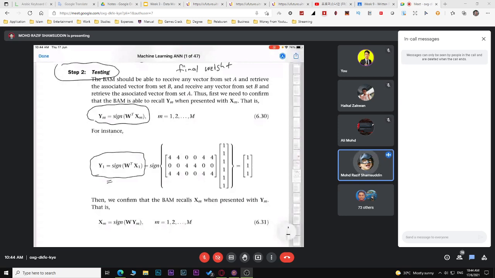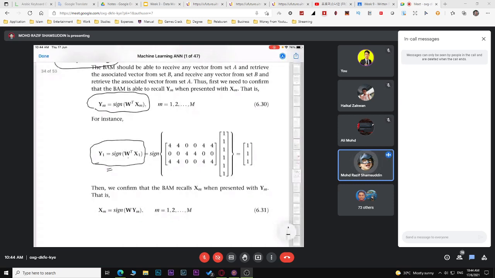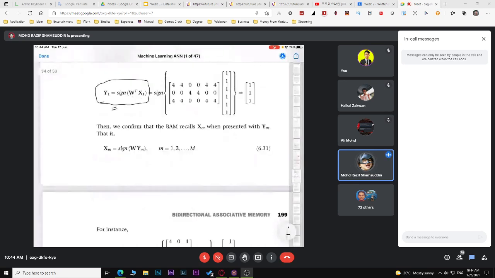Alright. But there is the orientation of the weight.